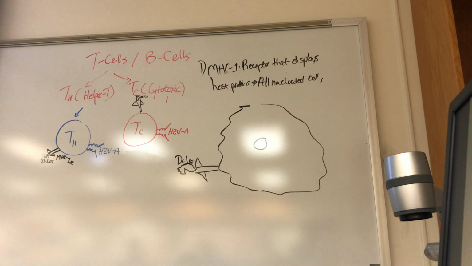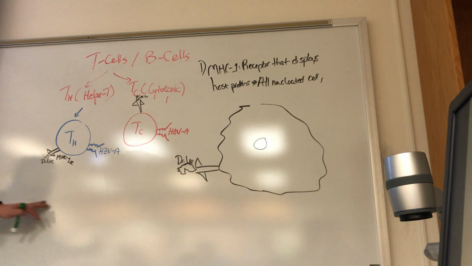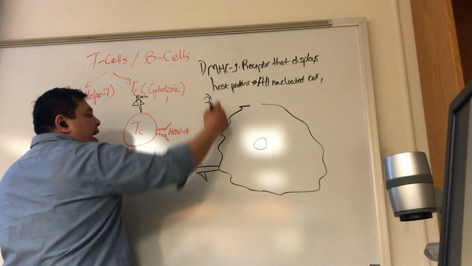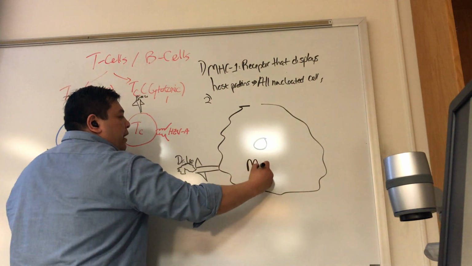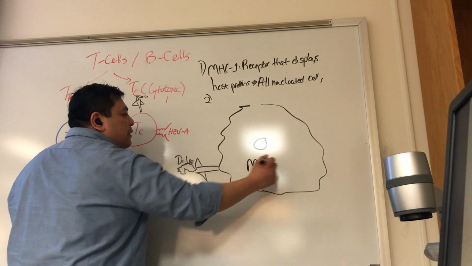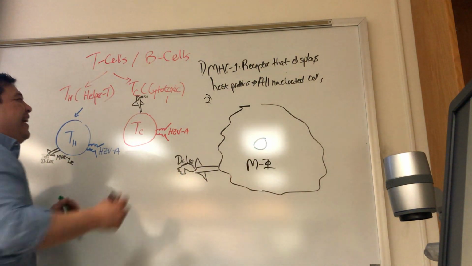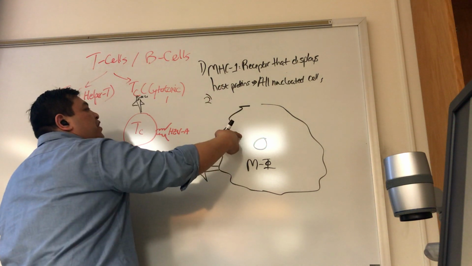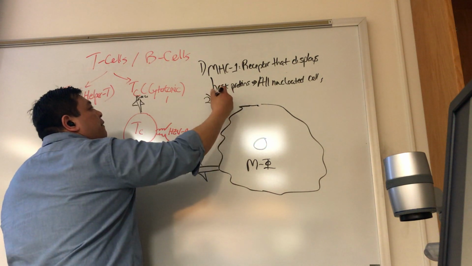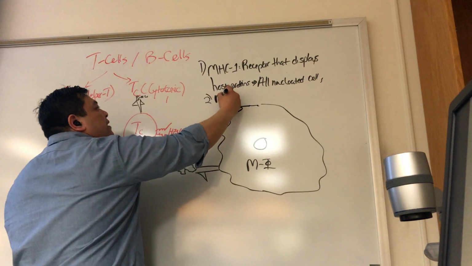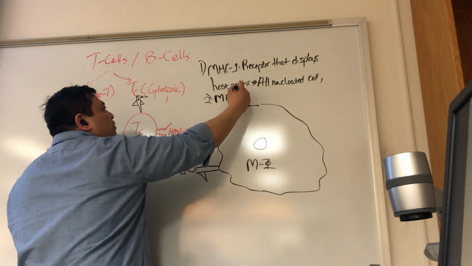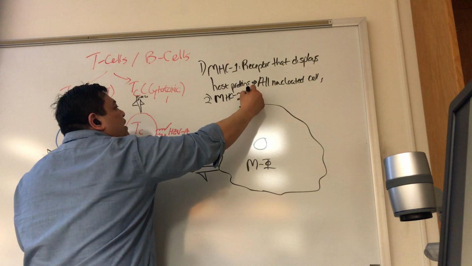All nucleated cells need that display to signal that this is a normal, healthy cell. Don't attack me. Now, usually we just write macrophages like this, because it's a long name, right? So what makes macrophages and even B cells very important is that they have a different category of MHC receptor, MHC2 receptor.